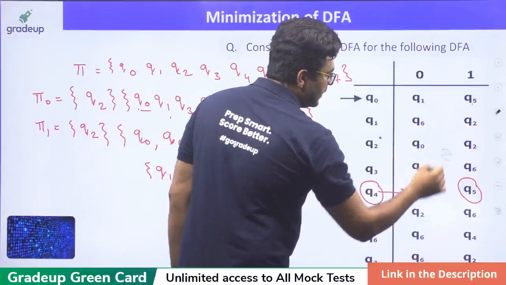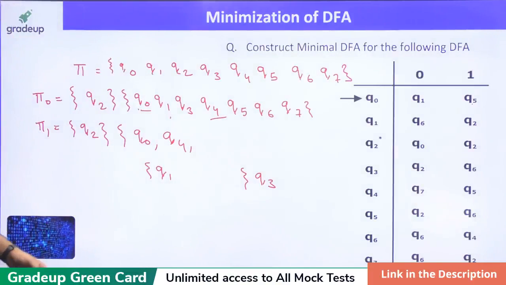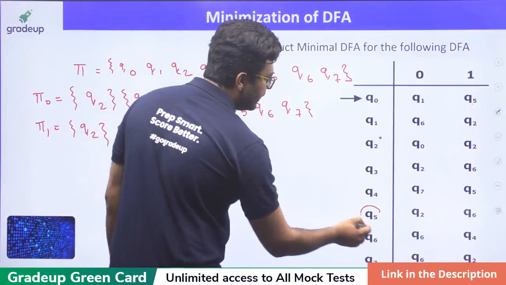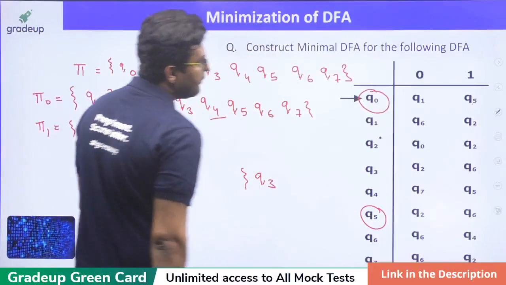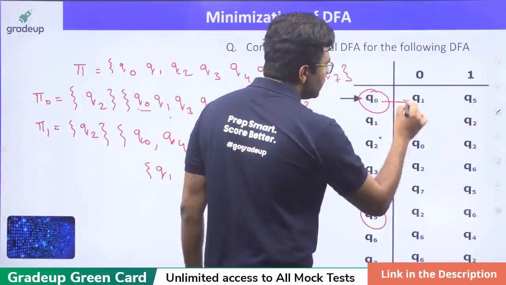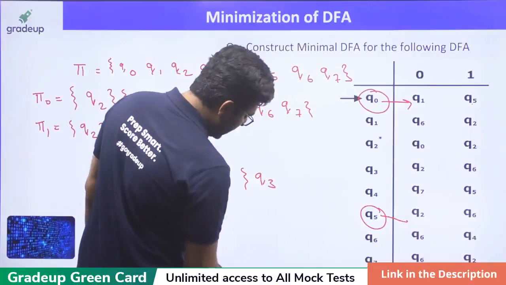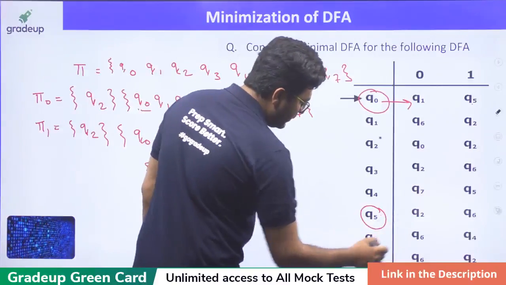Next, let me check for the next states. That is nothing but Q5. And with Q0, I want to check for Q5. Can we keep Q5 with Q0? Let me draw the arrows so that the probability of errors will be reduced.